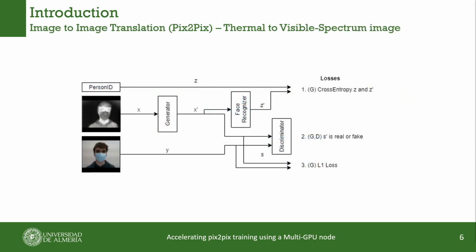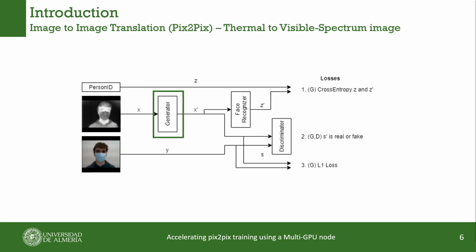In another work, we adapt the Pix2Pix solution in order to transfer face images from the thermal domain to the visible spectrum domain. Here, the diagram of the different elements is shown. These elements are the inputs, where we have the person ID, the thermal image, and the visible spectrum image.